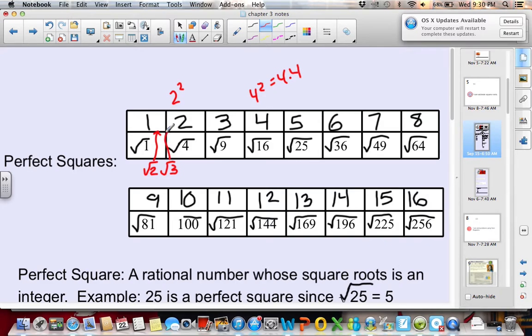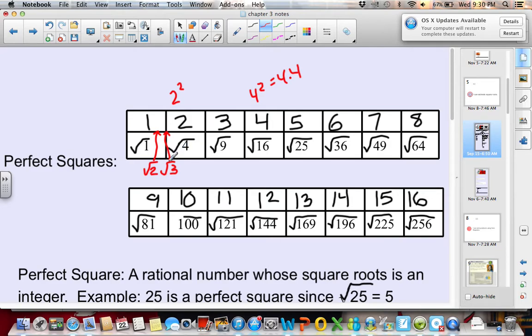We know that because, again, the square root of 1 is 1, the square root of 4 is 2, and the square roots of numbers also go in numerical order. So the square root of 2 and the square root of 3 have to fall in between the square root of 1 and the square root of 4.